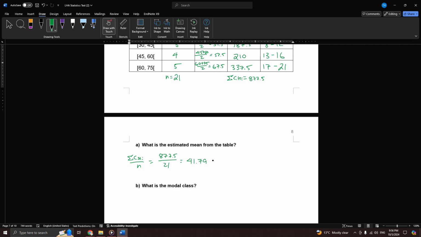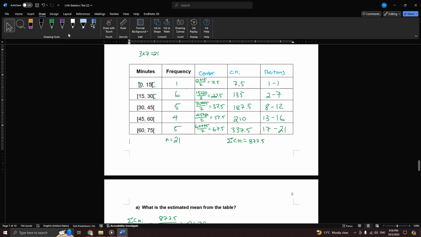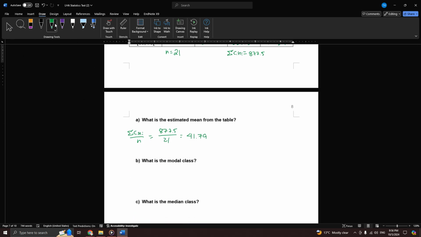So what is my modal class? That's just going to be the class that contains the most numbers. So I'm going to look at my frequency. Which class was the most frequent? That's going to be over here, 6, right? That's the biggest number. It contains 6 numbers. So what class was that? That's this one, 15 to 30, okay? Don't write 6, write the class, 15 to 30, okay? So the modal class, and remember it's a class, not the mode.